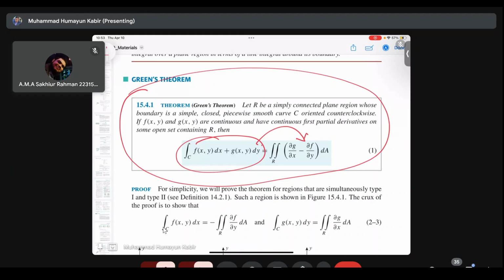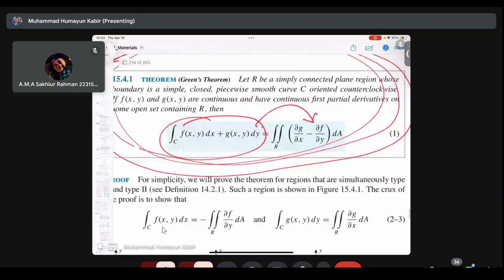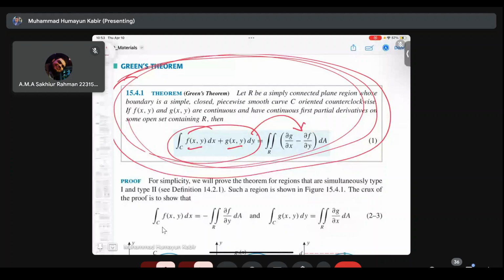Sometimes a question can be set: state Green's theorem, or write down the statement of Green's theorem. Just this one. Okay? So what is this? Both f and g are two variable functions. What is C? C is a smooth curve. Not only a smooth curve, a smooth oriented curve and closed.